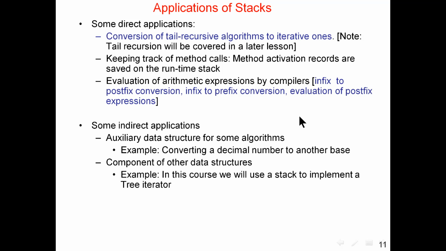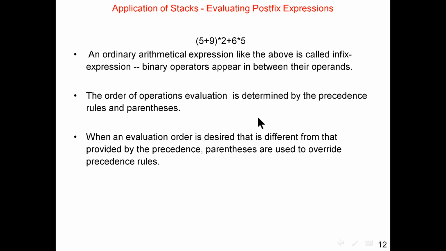So the next discussion is an application of stack: how we evaluate a postfix expression. This is an expression. Within the bracket we have 5 plus, and so on. What we have is an operator, and these operators are inside the operands, so we call this an infix expression. Our target is how we can convert an infix expression, infix meaning the operator is inside.